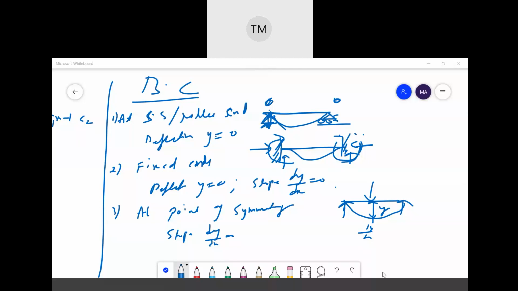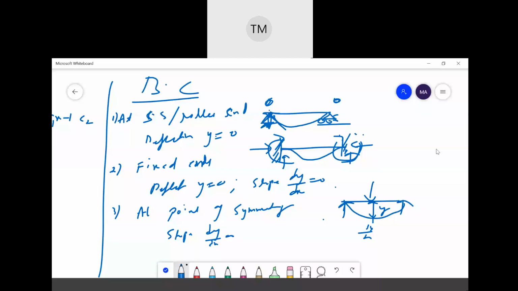Okay. Is the whiteboard visible? Yes, sir. Have you seen these boundary conditions? Here you have the boundary conditions. These are very important. At a roller support or simply supported, the deflection is 0.